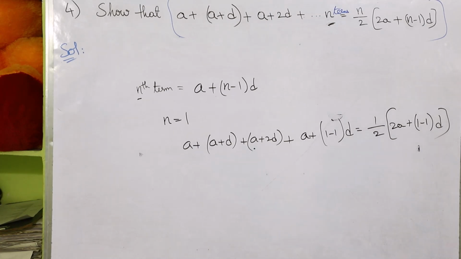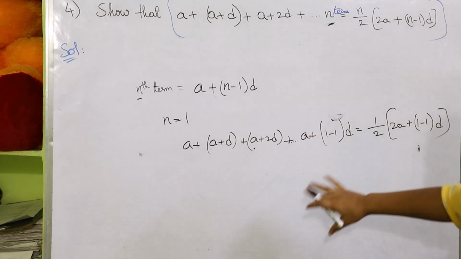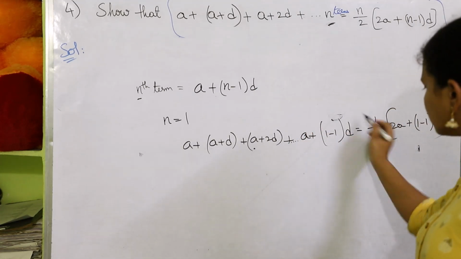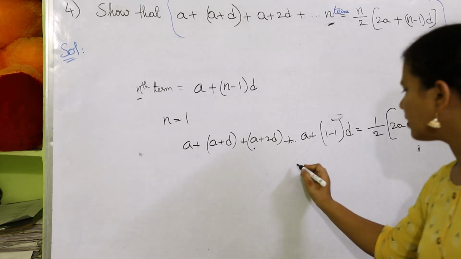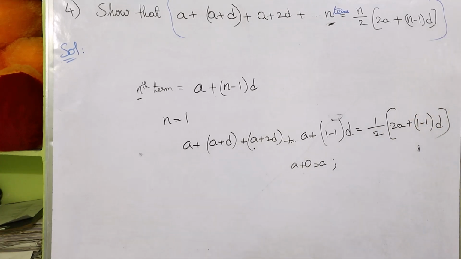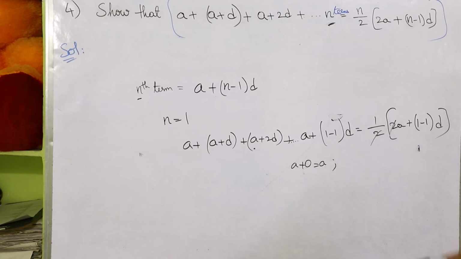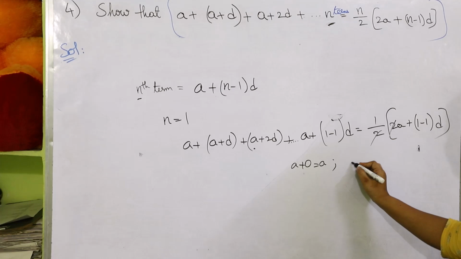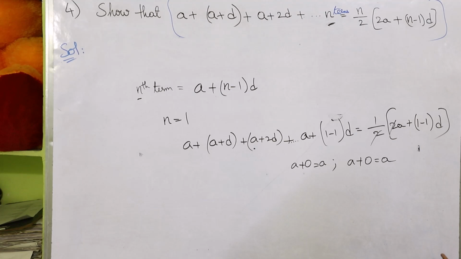On the left, a plus 1 minus 1 is 0, so a plus 0 is a. On the right, the 2 gets cancelled, and a plus 1 minus 1 is 0 again, so a plus 0 is always a.